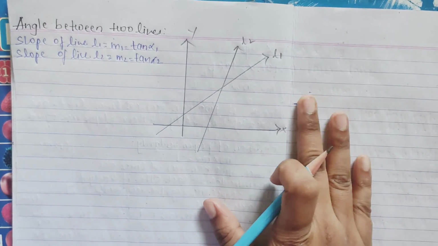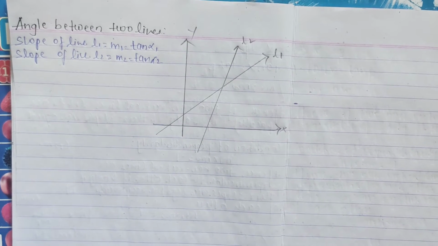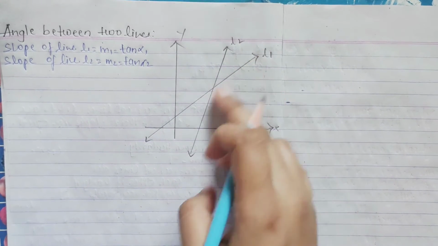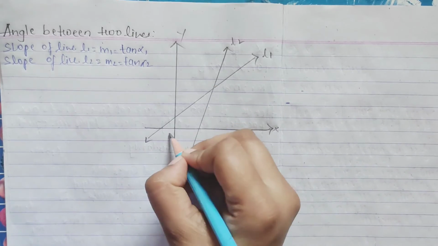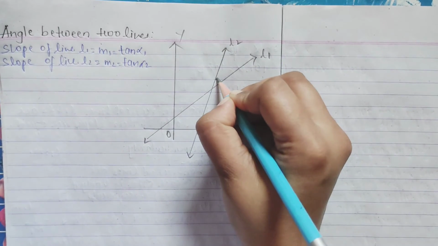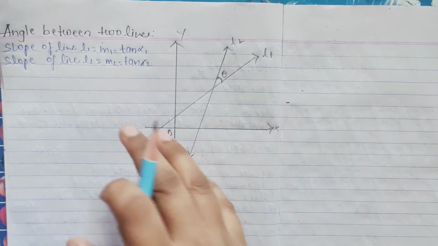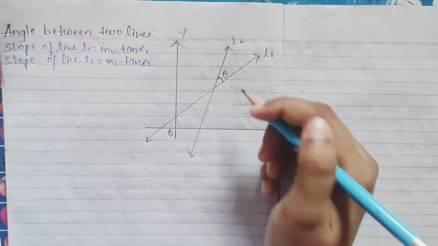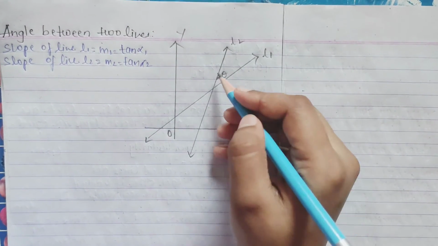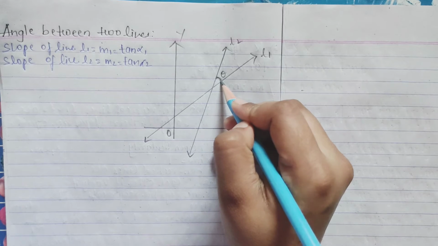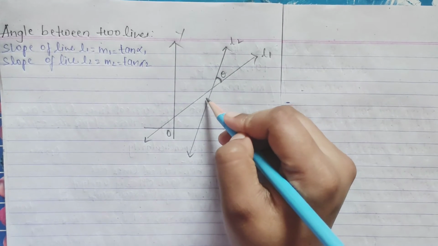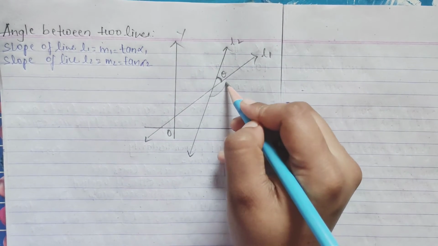Next topic, we will see the angle between two lines. So, your lines L1, L2, okay? This is O, it is making an angle theta. Suppose when they are telling the angle between two lines, when two lines are there, here there will be two angles. One will be your theta, which is your acute angle, and here you can take phi.